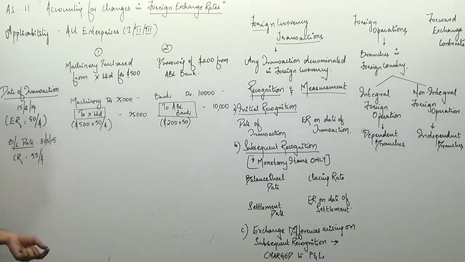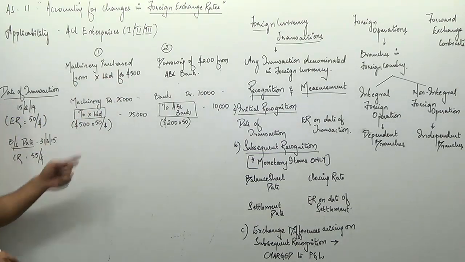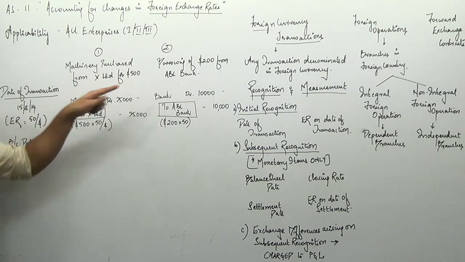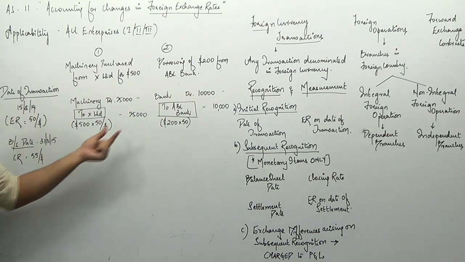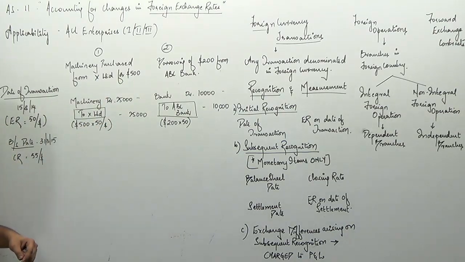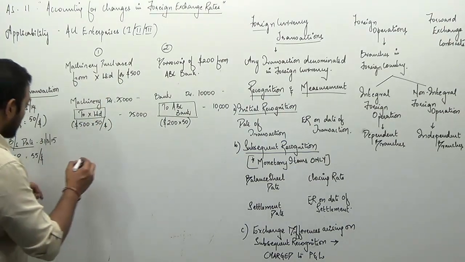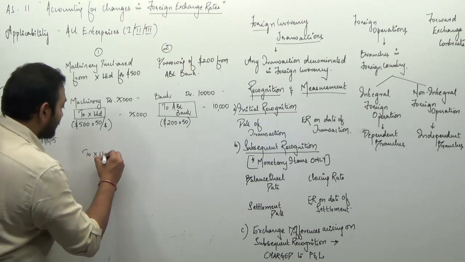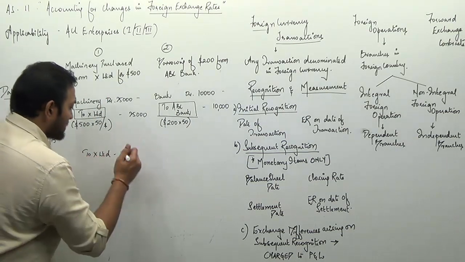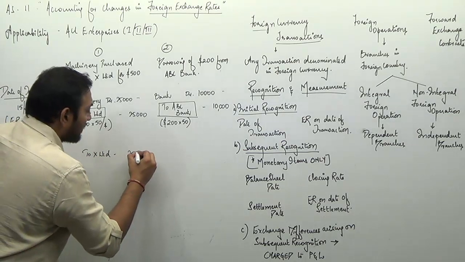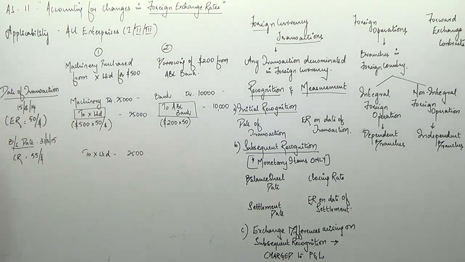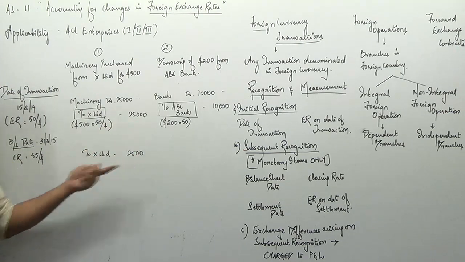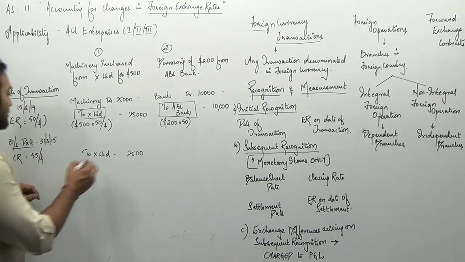That means if I purchase each dollar at 55, to buy $500, I have to shell out 27,500. But how much is the liability to X recorded? 25,000. That means now I have to credit X. Already 25,000 was there. I'll credit it only by 2,500. That is sufficient. So already 25,000 plus 2,500 becomes 27,500.